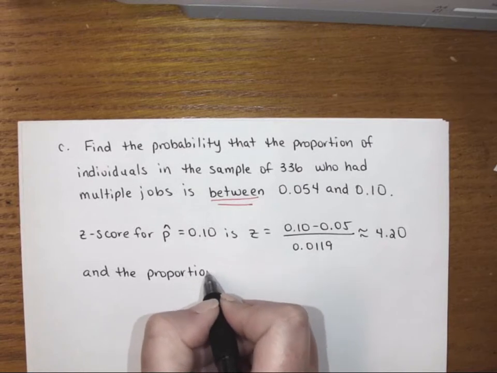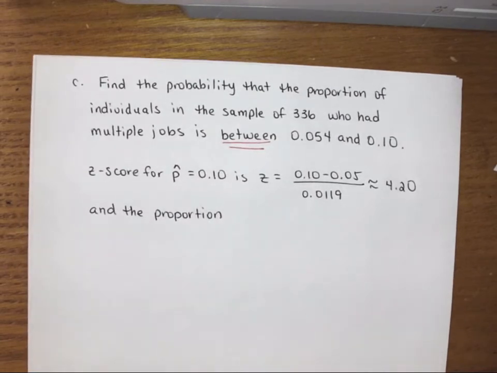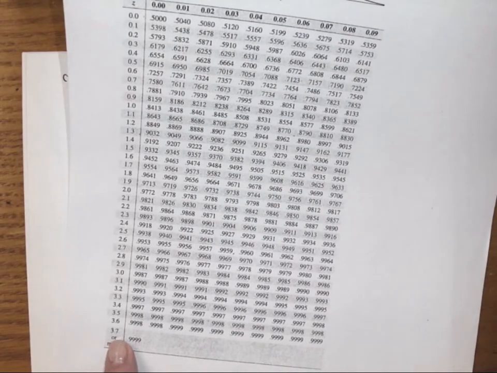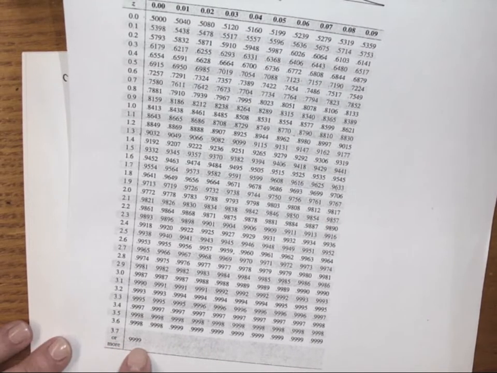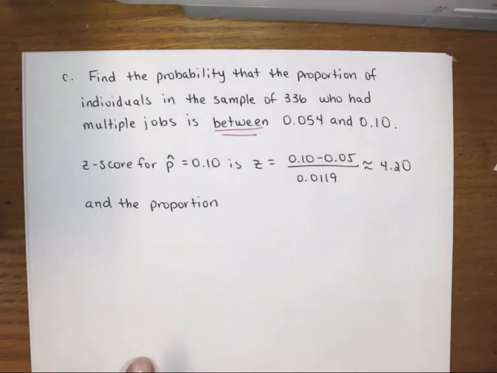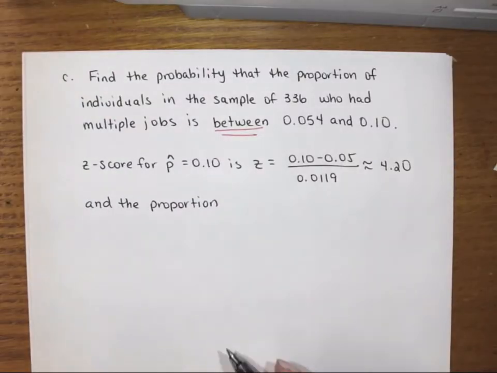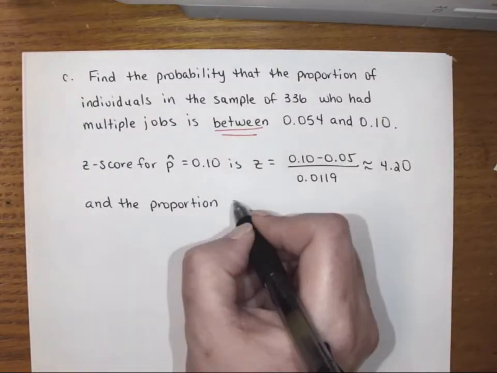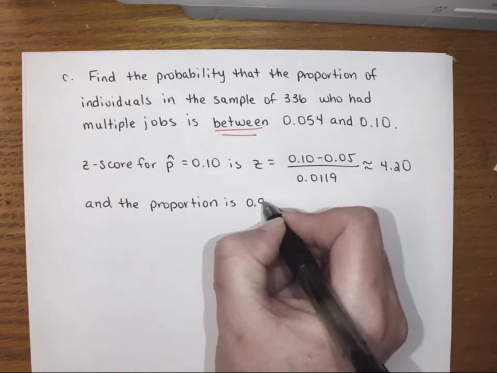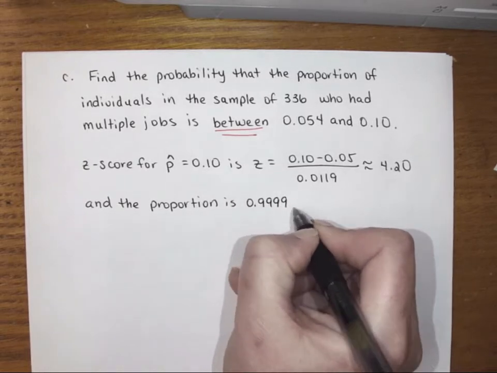You might have gotten one in your homework like this, but I don't think we've ever done one in class that's quite this large. Notice my chart stops reading at 3.7. In other words, it's so unlikely that it's this far away. A z-score of 4.2 is actually really large. Anything 3.7 or bigger is actually 0.99949. Okay, and so this is going to be basically as big as it can get.